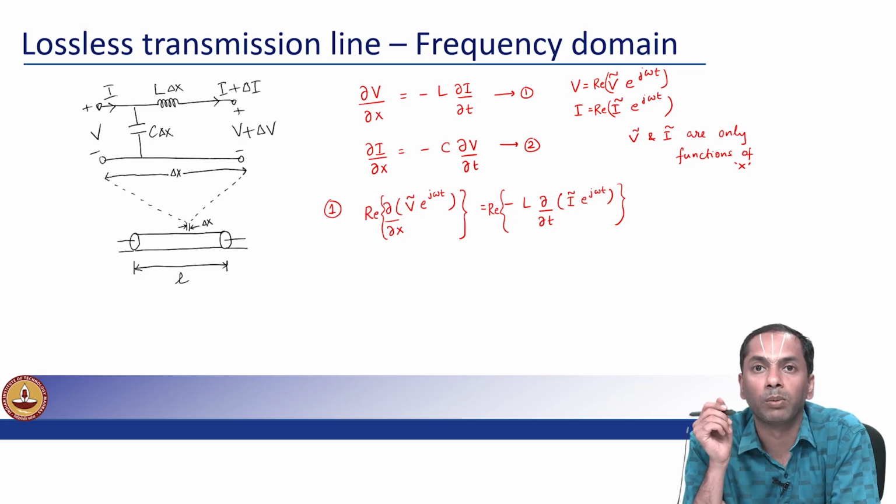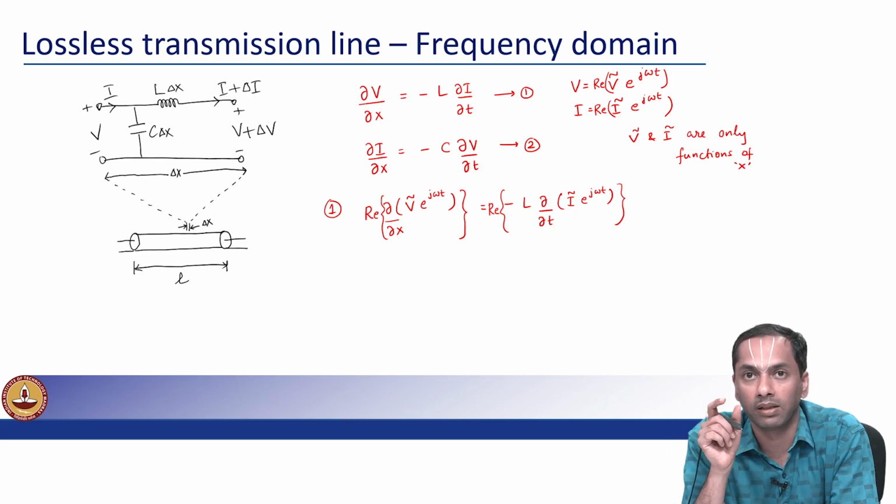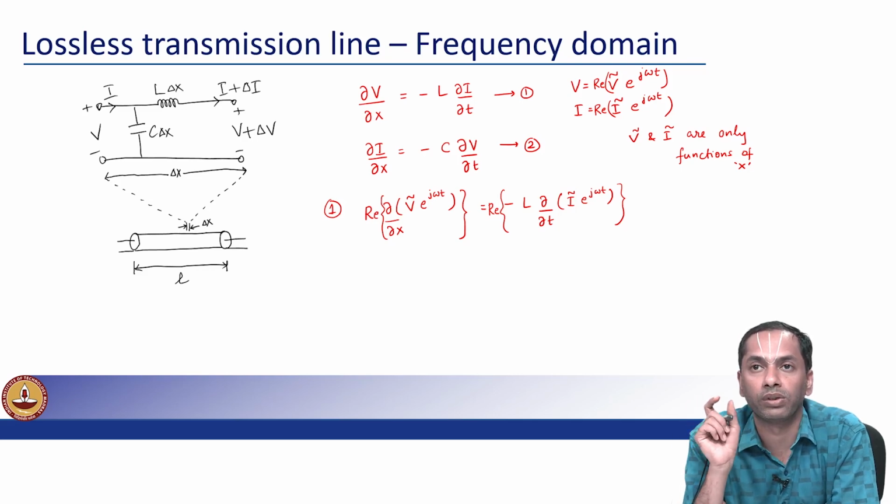Remember that in the time domain analysis, we said that in solving the wave equations, the appearance of t and x have to be together, right? And now I am actually having the separation. I'm writing the solutions for v and I as a product of two functions, one purely a function of x and one purely a function of time, which is represented by e^{jωt}, right? A very specific form for time dependence.